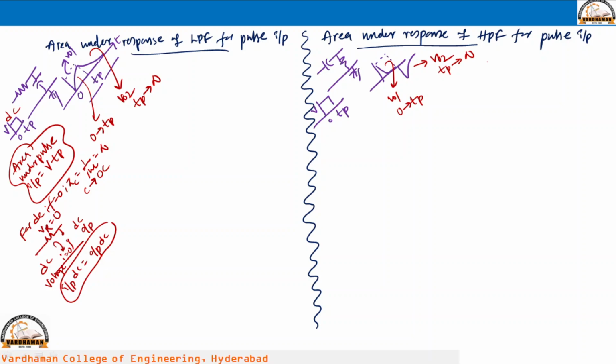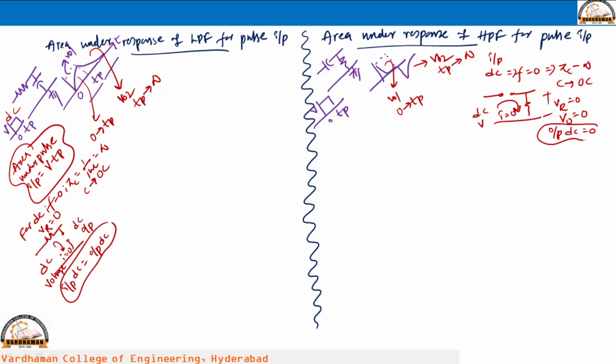Input DC, frequency 0, ZC infinity, capacitor open circuit. Here capacitor is available, here resistor is there. Here output voltage we have to take, because it is open circuit, current is equal to 0, no current through the resistor. So, VR is equal to 0, but in this case V0 is VR only. So, output DC is equal to 0.